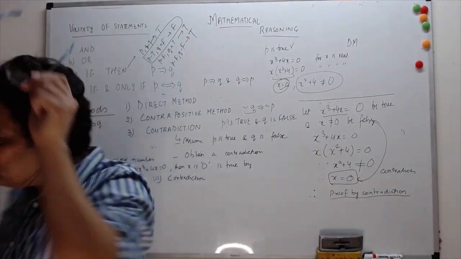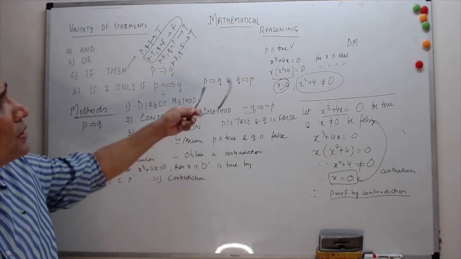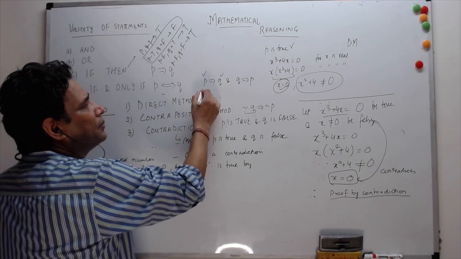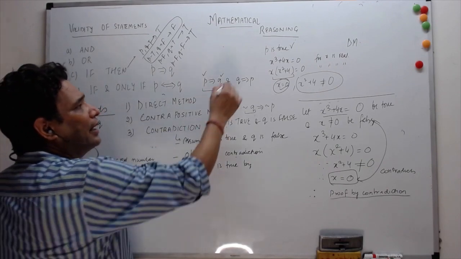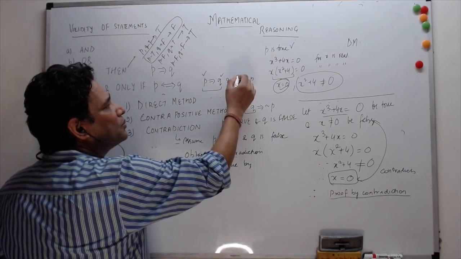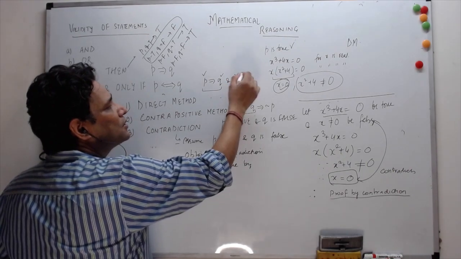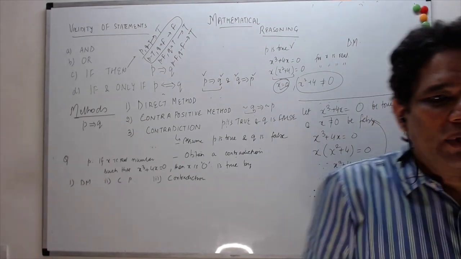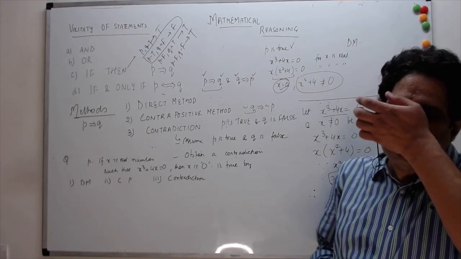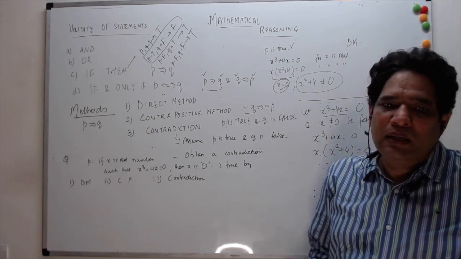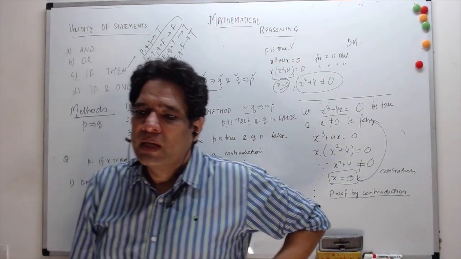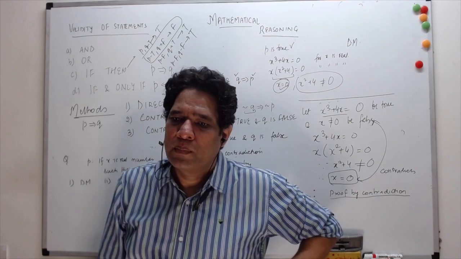So if you want to do proof by contradiction, then you would assume this to be true and this to be false and prove it by contradiction. And at the same time, you'll also need to take Q to be true and P to be false, and again prove it by contradiction. So if you are able to prove both the implications, then you can say that the if and only if statement is proved, basically, right?